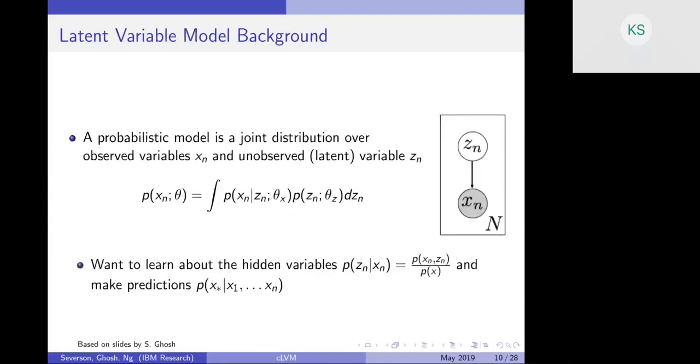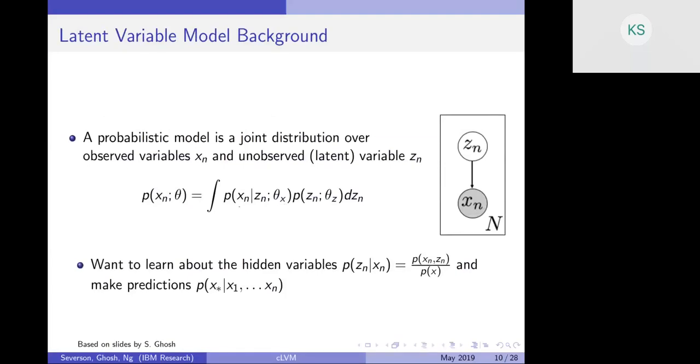Before I go into details on the contrastive latent variable model approach, I thought it would be a good idea to provide some background on latent variable models more generally. Here, what I'm interested in is a probabilistic model that's a joint distribution over our observed variables X and some unobserved or latent variable Z. We can consider how we would write that distribution, where we marginalize over our unobserved variables.